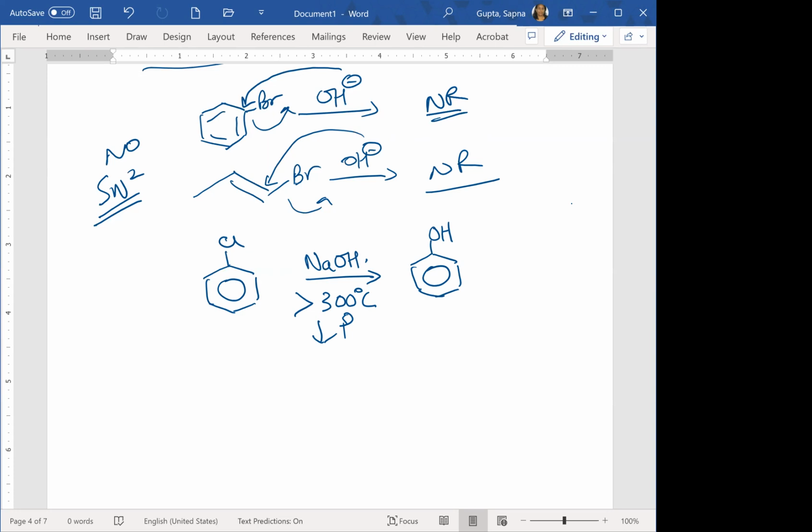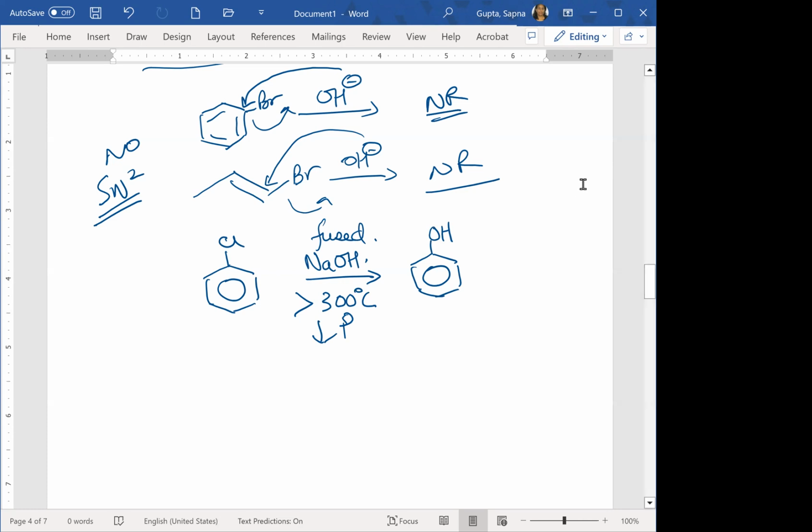Normally, even at high temperature, like 100 degrees Celsius, you cannot do that. The sodium hydroxide here is called fused sodium hydroxide, which you get only at very high temperature and pressure.